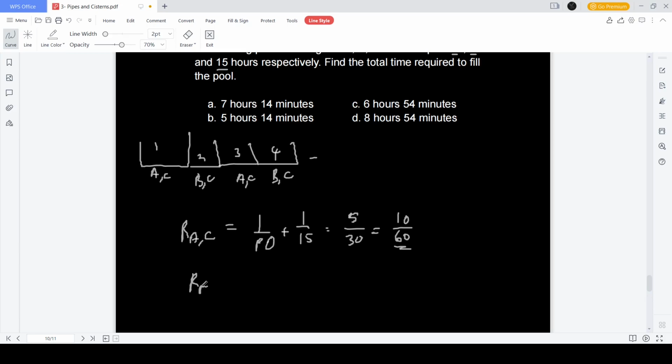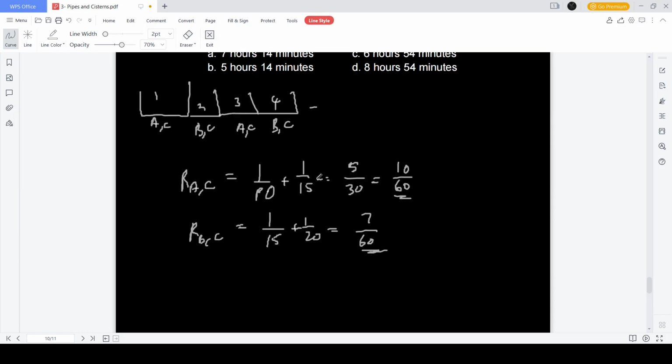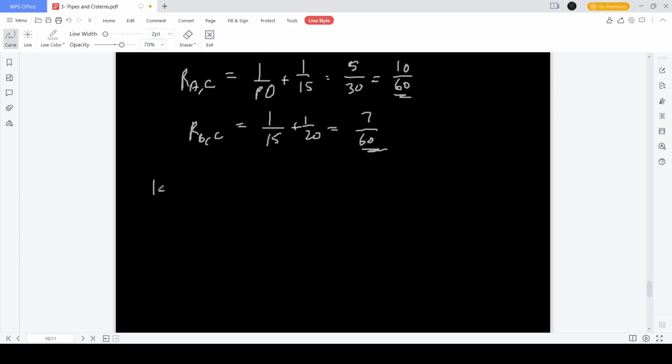The rate of B and C is 1 by 15 for C and 1 by 20 for B, which is 4 by 60 and 3 by 60, so 7 by 60. Now let's start tracking it after 1 hour. How much of the tank is filled is 10 by 60, because A and C work together.